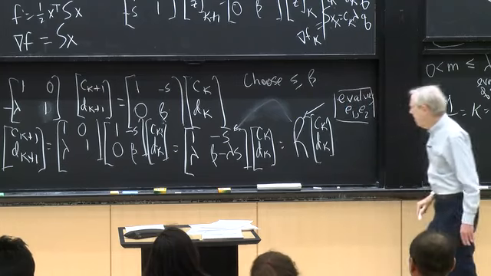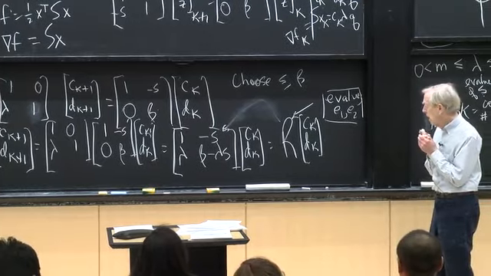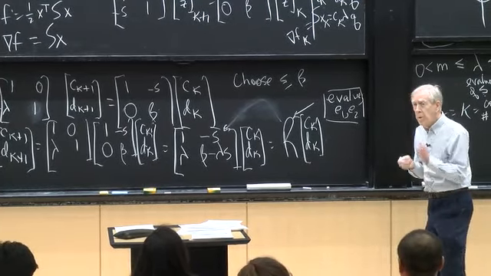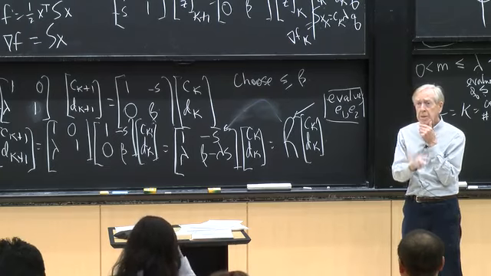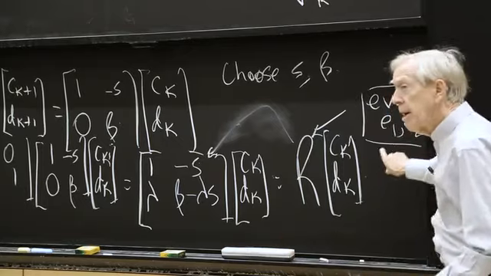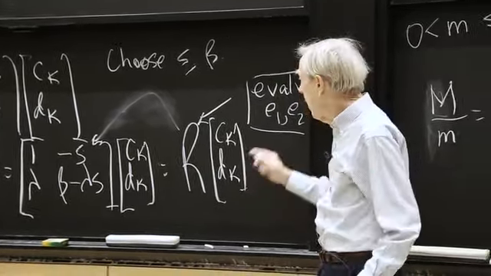So those are the eigenvalues of R. Just giving a letter to them. So what's our job? We want to choose s and beta to make those eigenvalues as small as possible. Right? Small eigenvalues.